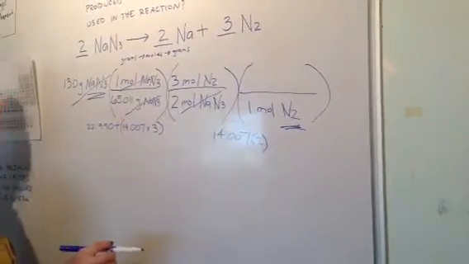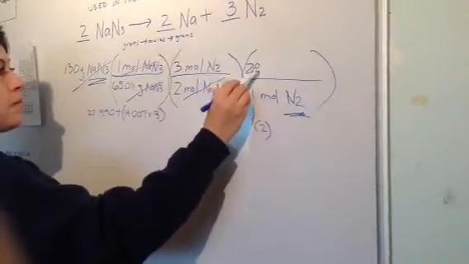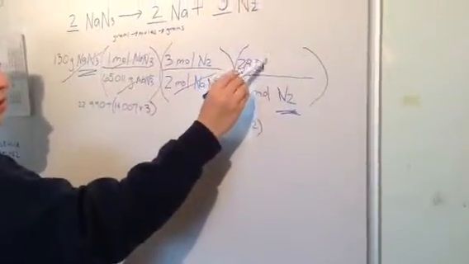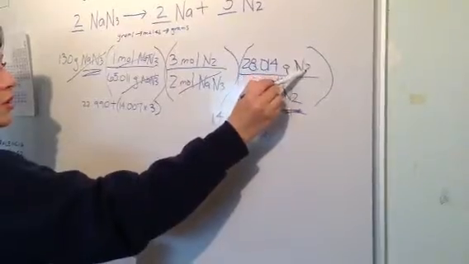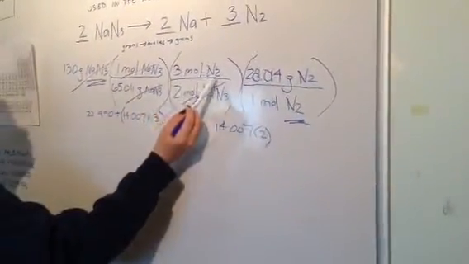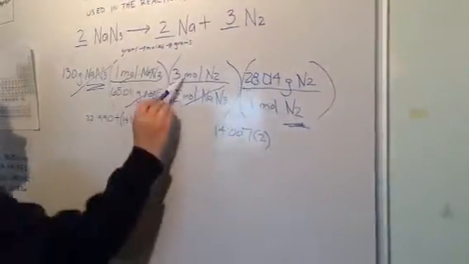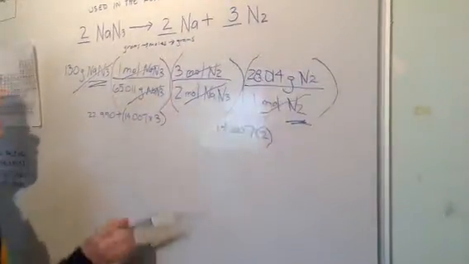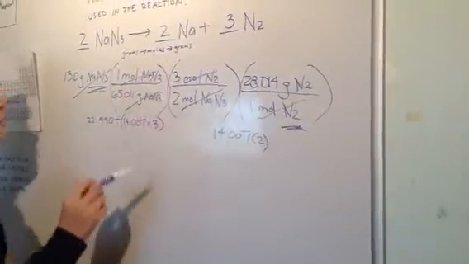When calculated, we'll get 28.014 grams of N2. So moles N2 from the second step and moles N2 from the third step will cancel out, and we are now left with what we wanted to find, which was grams of N2.